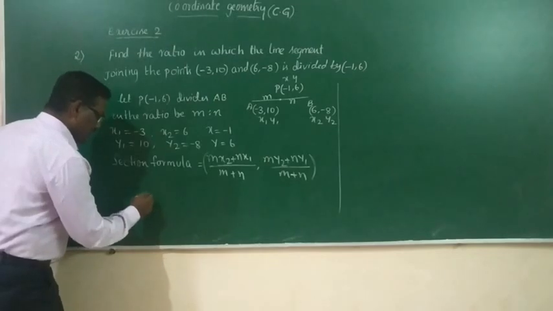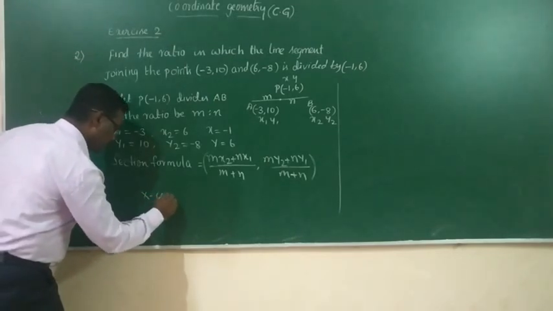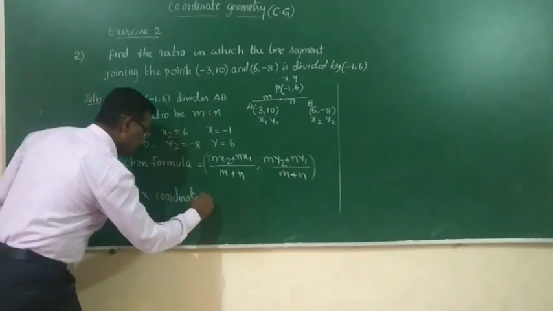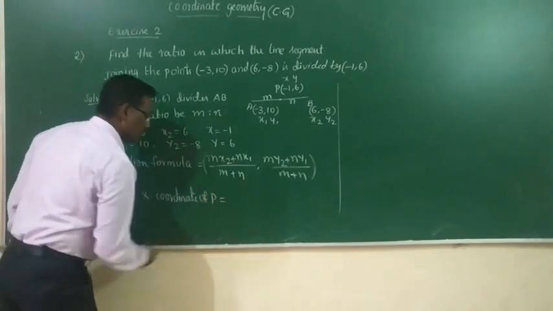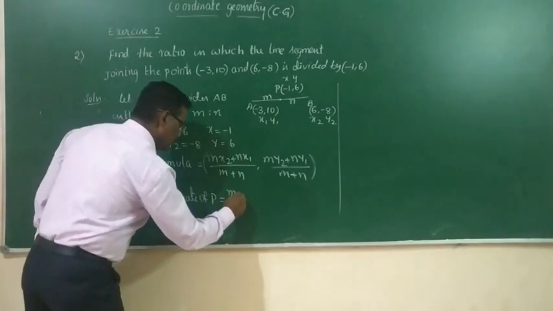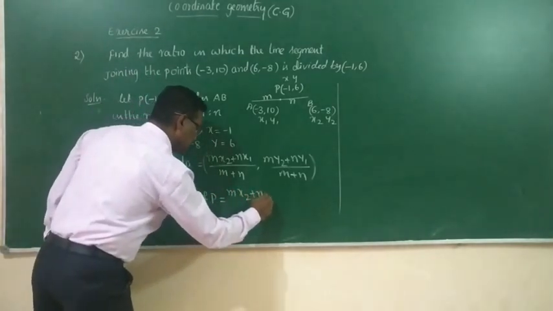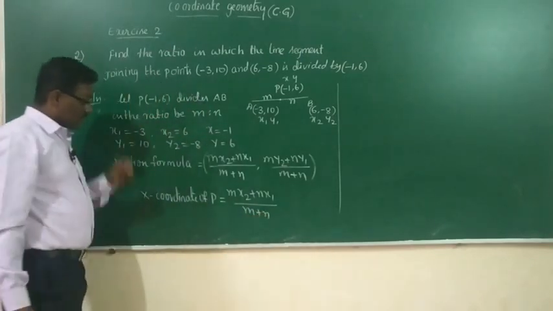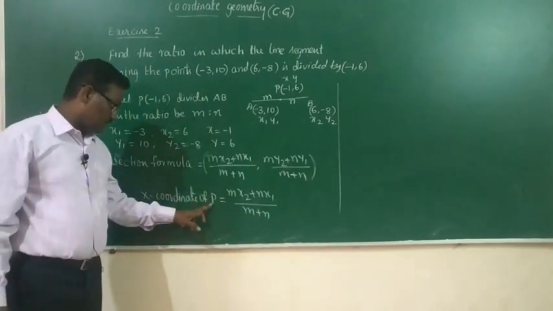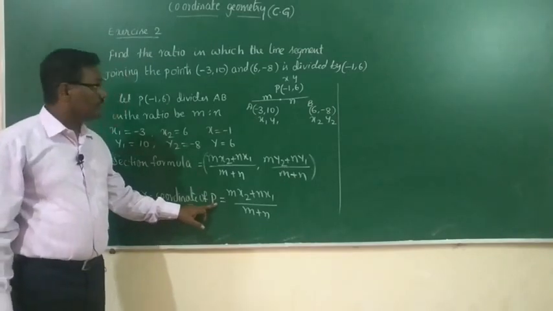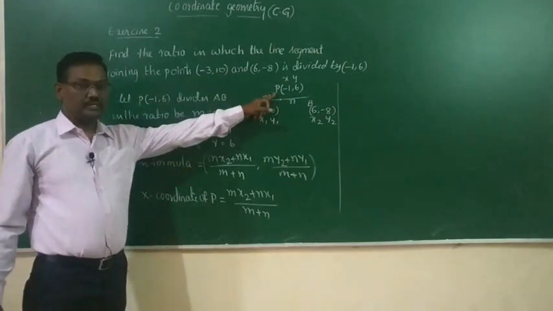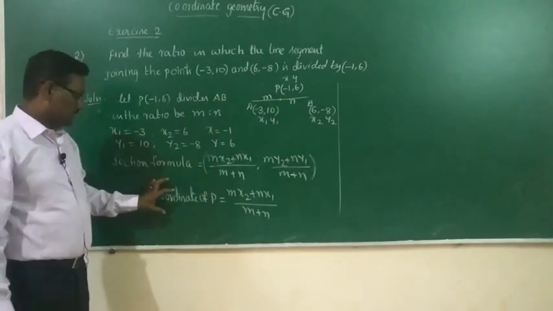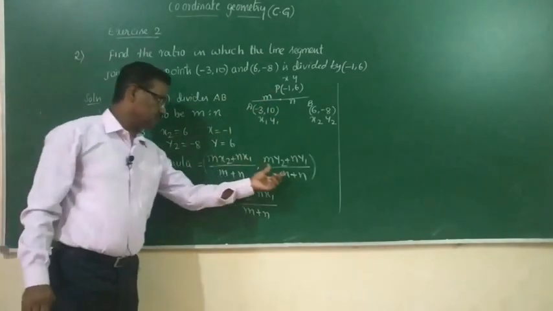Here I am going to take x coordinate of P. X coordinate of P here is mx2 plus nx1 by m plus n. Why have I taken x coordinate of P? What is the role of P here? P is a dividing point or section point. That's why we can use x coordinate of that, or we can use y coordinate.